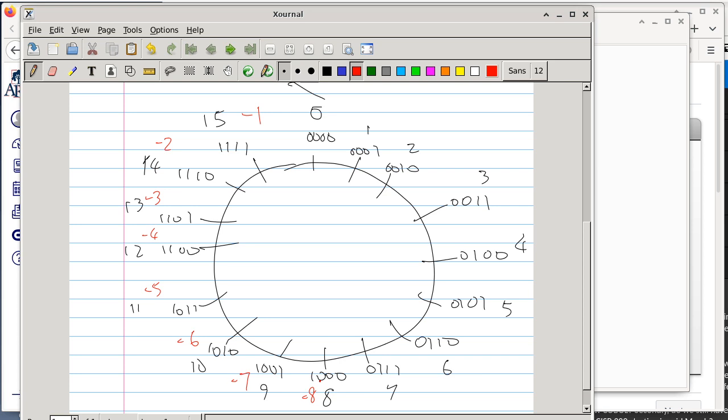There's only one kind of operation in a C program where signed versus unsigned makes a difference. Comparison, very good. Okay, so comparison makes a difference. So if I say, let's look at the bit pattern 0, 0, 0, 0, and I'm asking you, is 0, 0, 0, 0 less than 1, 1, 0, 1?